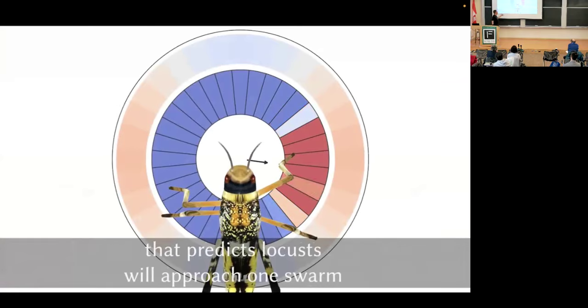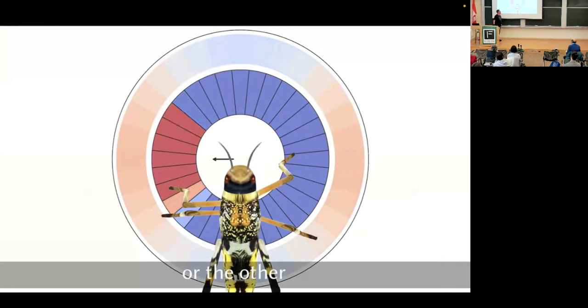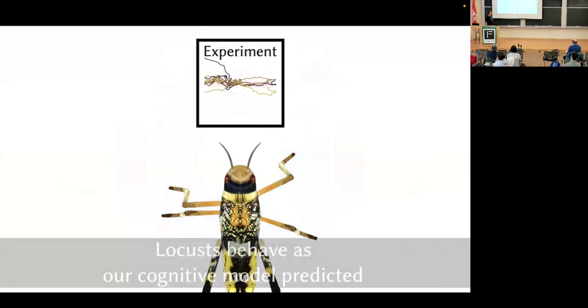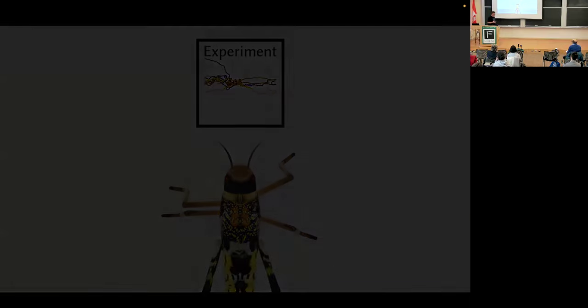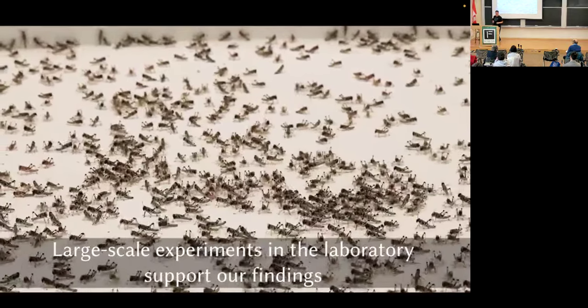And so the ring attractor model predicts that they should move directly towards one or the other group. And so these are the theoretical trajectories. And those are the experimental data, showing clearly that they're not utilizing these classic models of collective motion.